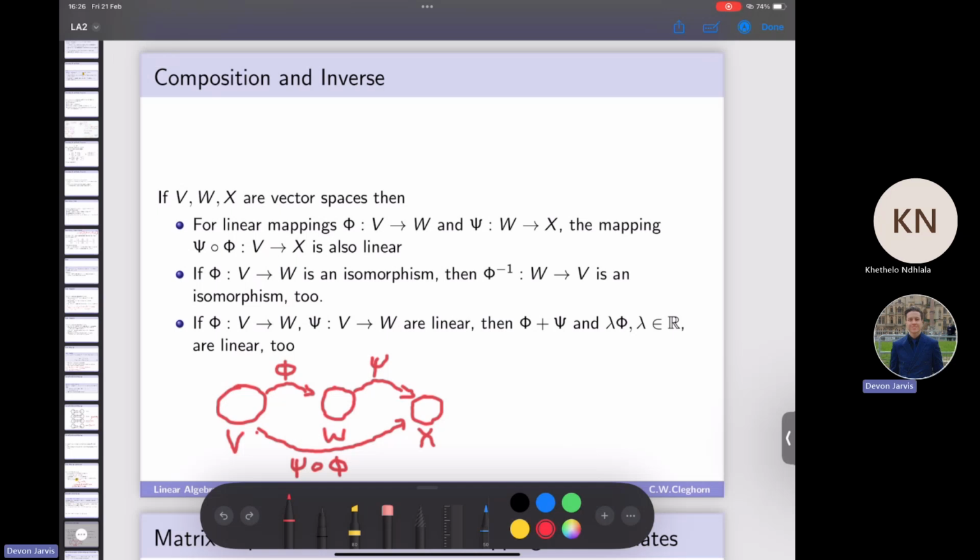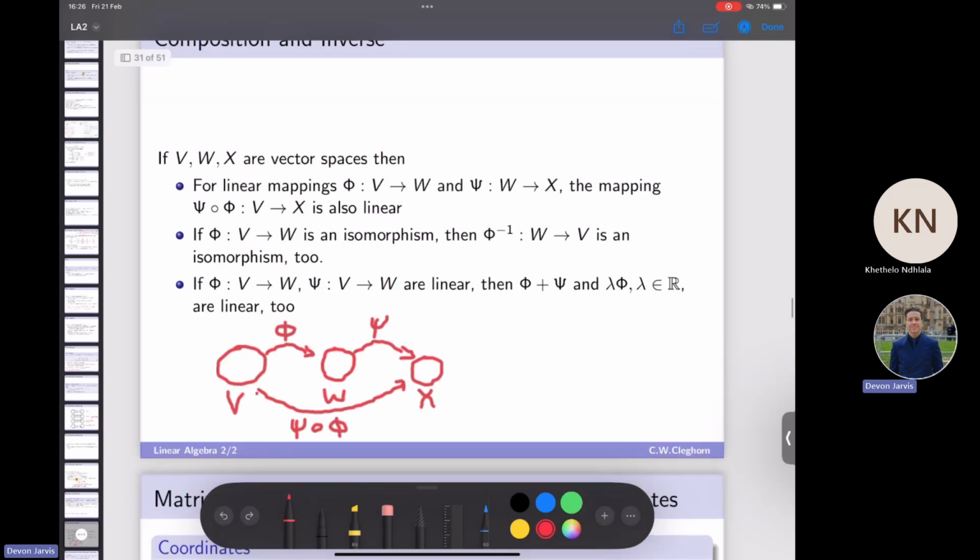If V, W, and X are vector spaces, and there is a linear mapping between V and W and another linear mapping between W and X, then I can compose those two mappings and get something that takes me all the way from V to X, and it's also still a linear mapping. You can see the diagram I drew at the bottom here. I can start with a set V. I can either use the phi mapping to get to W and then the gamma mapping to get to X, or I can compose my mappings and jump straight there.